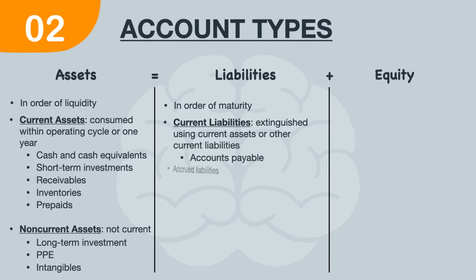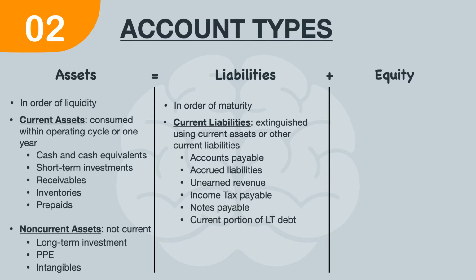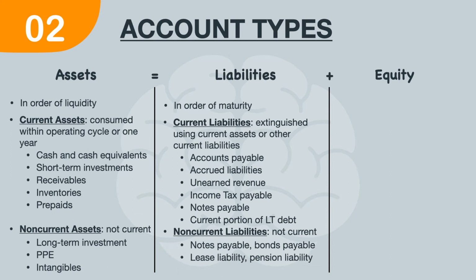These include accounts payable, accrued liabilities, unearned revenue, income tax payable, notes payable, current portion of long-term debt, and we have non-current liabilities, which again are just defined as those that are not current liabilities. And these include notes payable, bonds payable, lease liability, pension liability, and deferred taxes, to name a few.